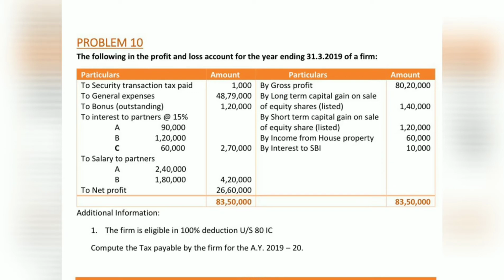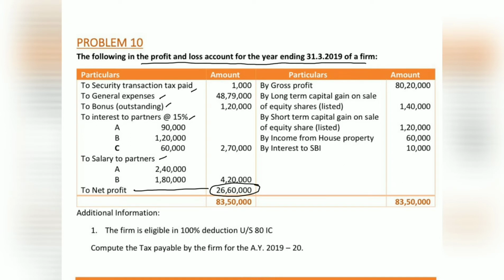The following is the profit and loss account for the year ending 31st March 2019 of a firm. On the debit side, we have securities transaction tax, general expenses, bonus, interest to partners at 15%, salary to partners, and net profit of 26,60,000.